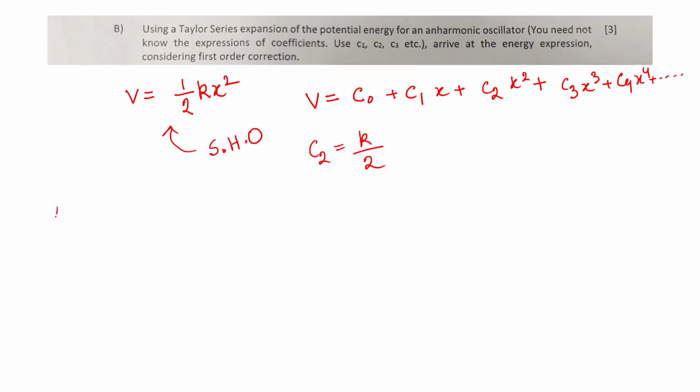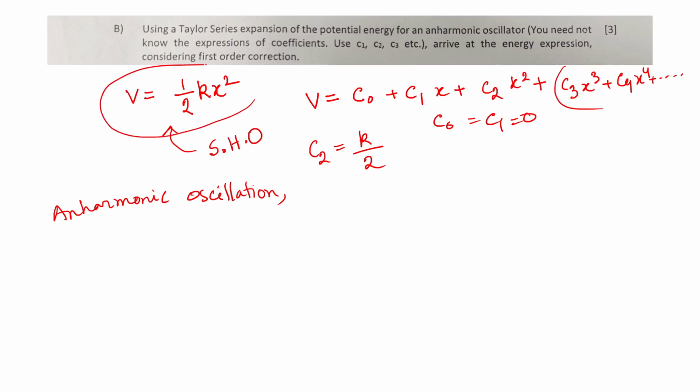Now for the anharmonic oscillator, we are treating it as a perturbation problem. My perturbation can come only after C2, because my C0 and C1 are already 0 in terms of the simple harmonic oscillator. So only these C3, C4 terms are going to take part.